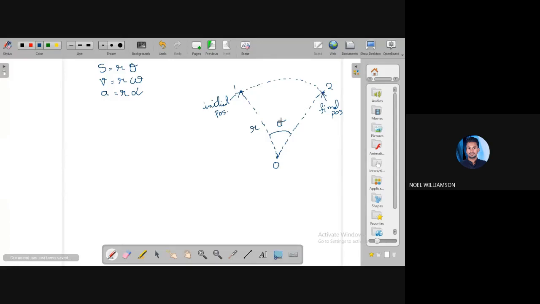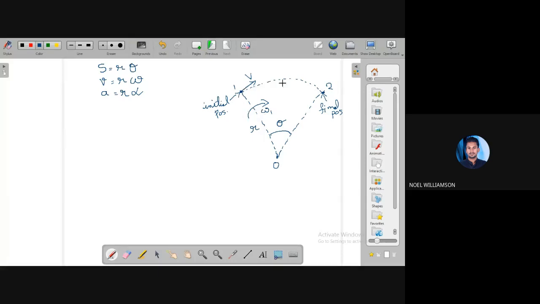So this is the angular displacement, and for the angular velocity, if this is starting from rest, then at the initial point the velocity is 0. Velocity is always tangential, so this is the linear velocity, and angular velocity is acting like this. It will be omega 1. Omega 1 will be 0 if it is at rest.